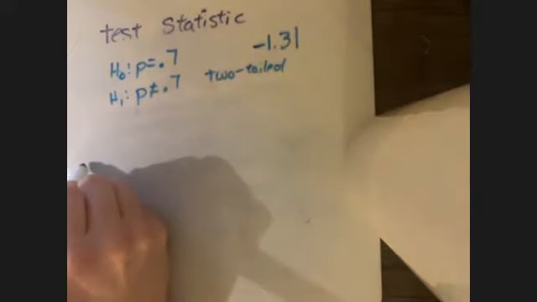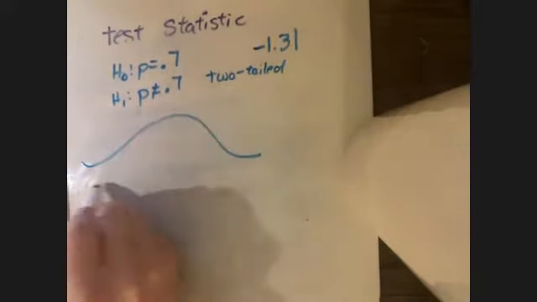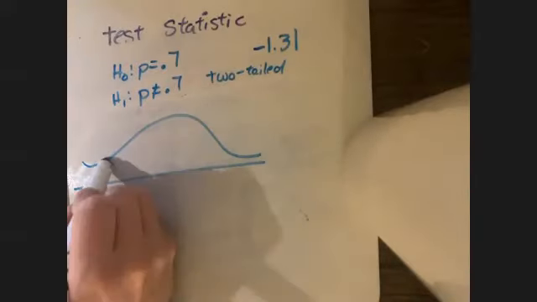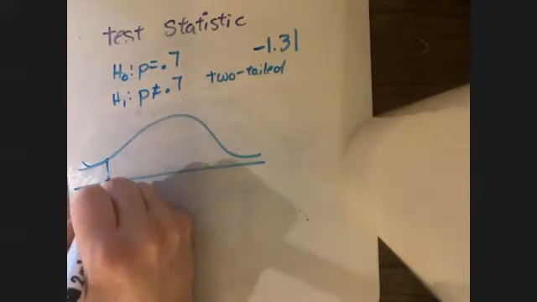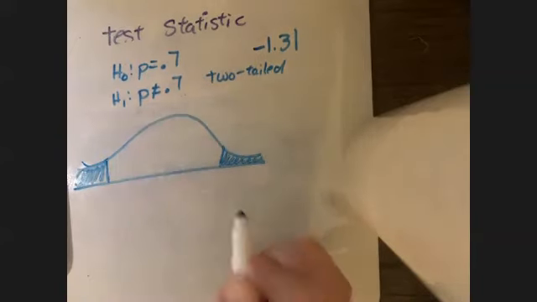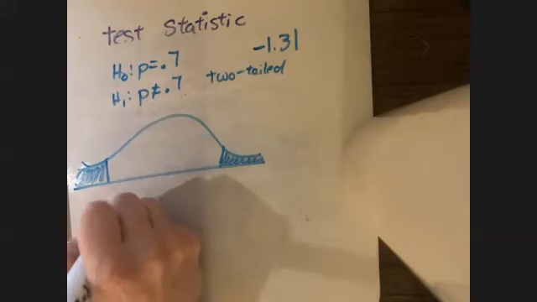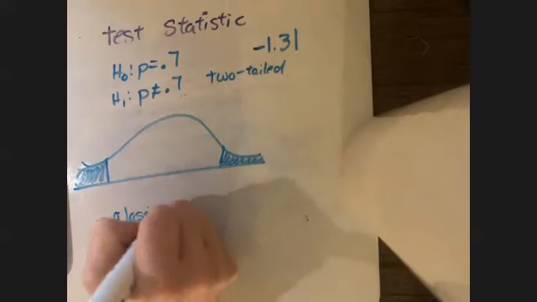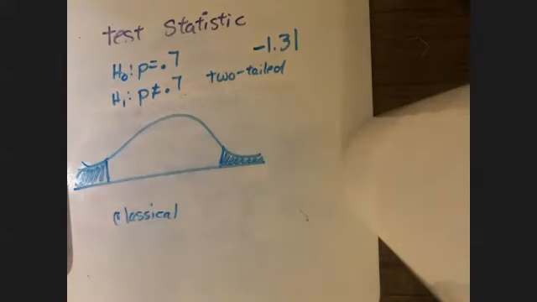Now, the way that this works is we're going to be working on our bell curve, on a two-tailed test, and the classical approach is what I'm going to talk about here for just a second.